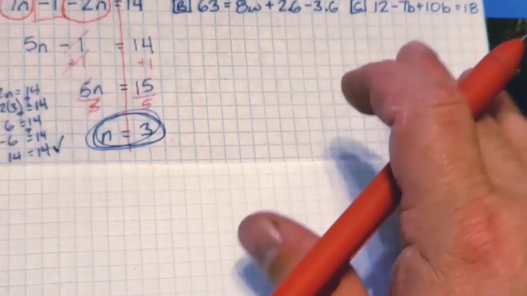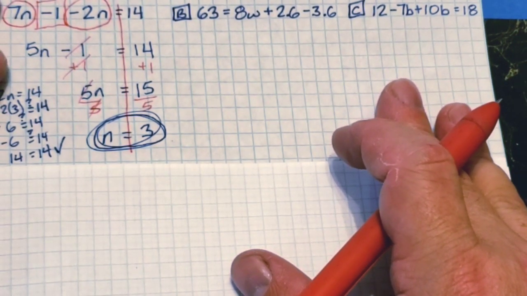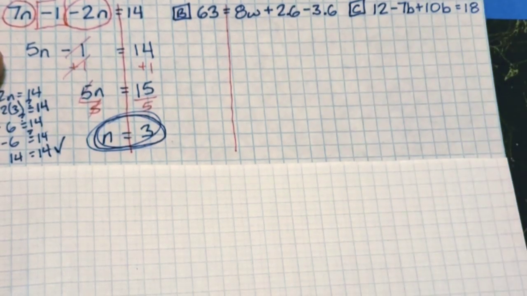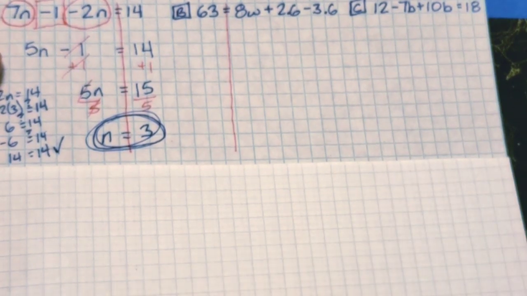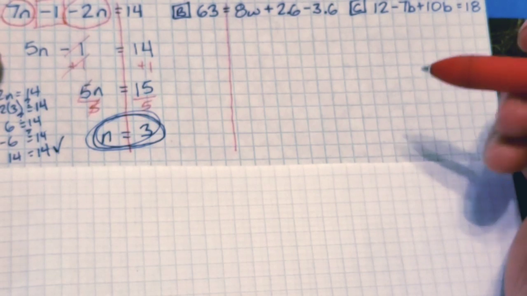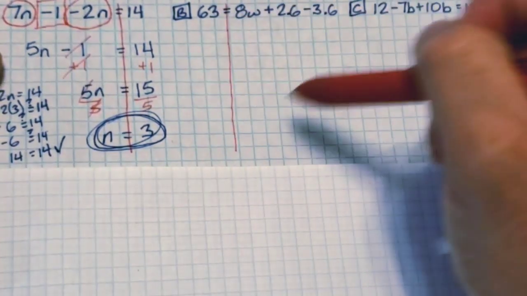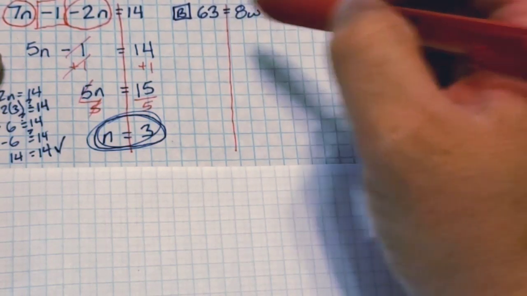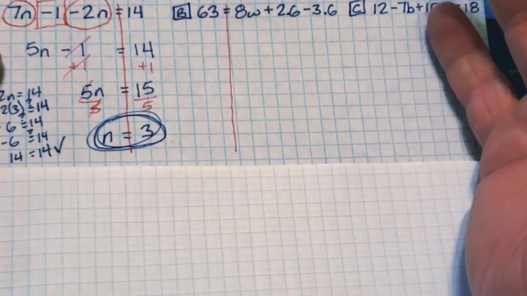All right, letter B says 63 equals 8w plus 2 6/10 minus 3 6/10. Is there any distributive property? No, there are no parentheses. Are there any like terms on one side or the other? Well, the 63 is by itself.